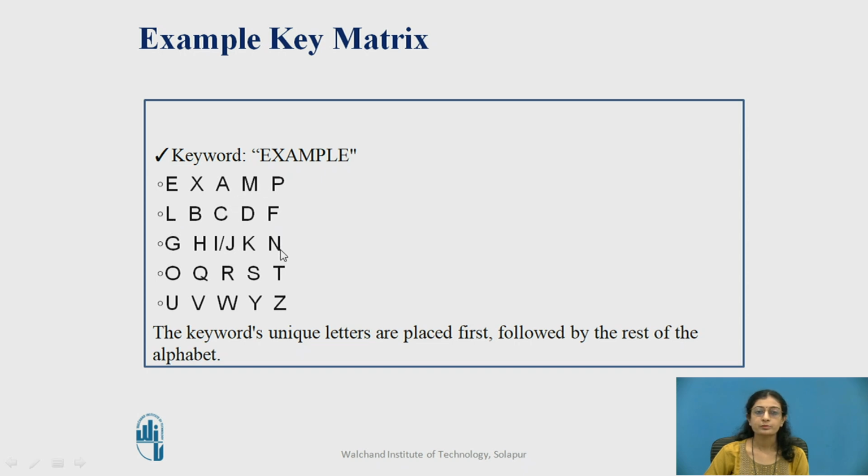So we will write N, O, P is already part of the keyword, so we won't repeat it. Q, R, S, T, U, V, W. Then X was part of the keyword and it is already placed in the matrix, so we won't repeat it. And then Y and Z. So like this we have prepared a key matrix from the given keyword example.